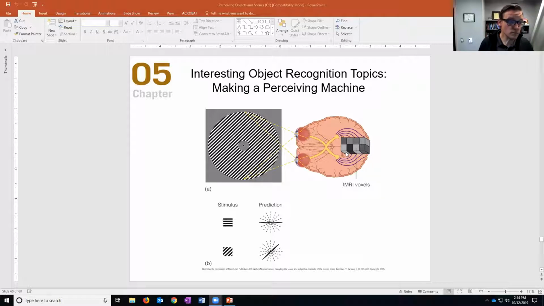Because the brain is a 3D object, we can break the brain up into small regions, very small regions, and then look at the activity in each of those small regions. And that can create an fMRI image. Each of these small regions is like a 3D pixel, or a voxel.